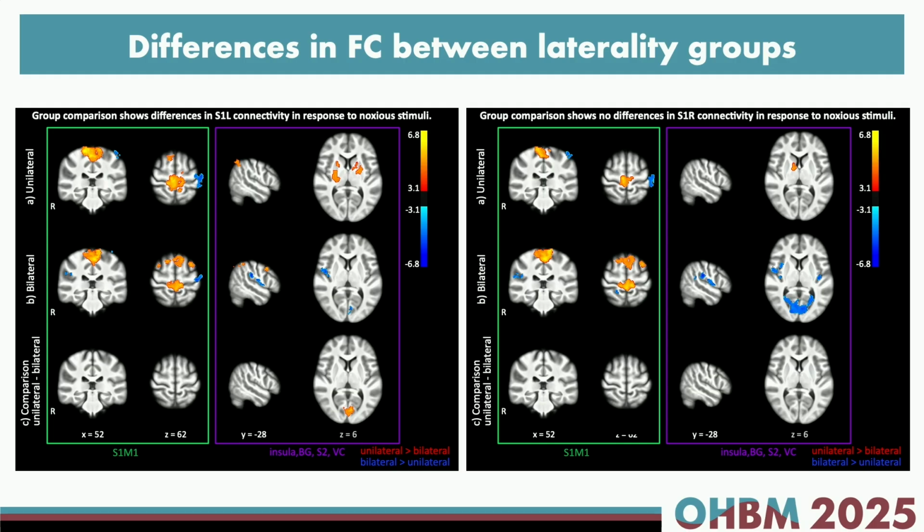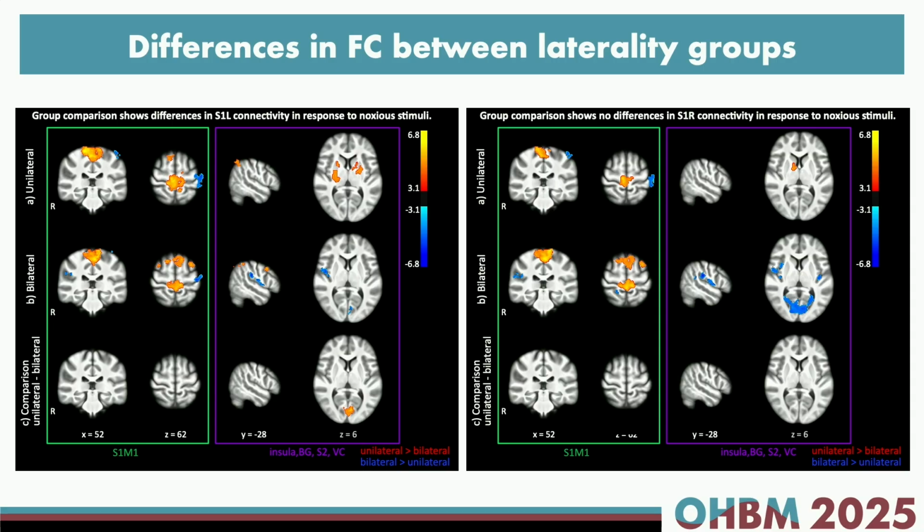And when looking at the result of the right S1 seed, we didn't find any difference between our two groups. So overall, this result really suggests that our participants process pain differently depending on their S1 activation.